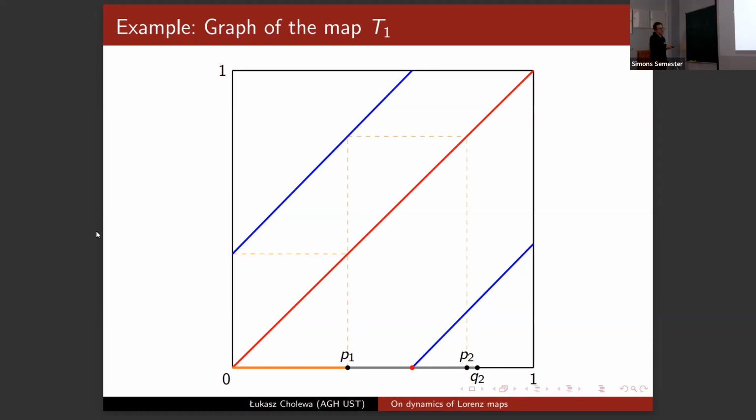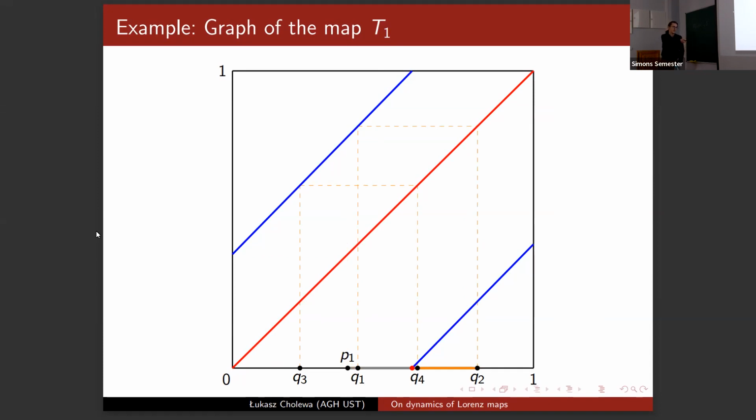So this orange one, after one iteration, is contained in the renormalization interval, and this orange interval first goes to the left, and after the second iteration, it is also contained in this gray interval. And the endpoints P1, Q2 also fall into the interior of this interval.